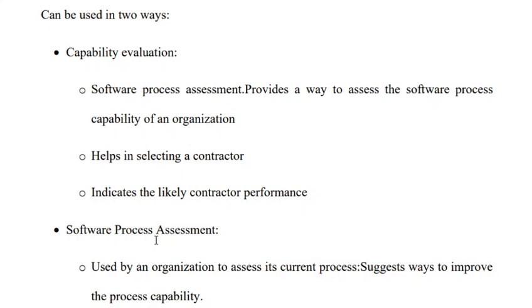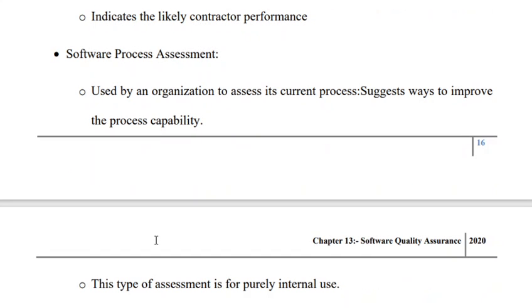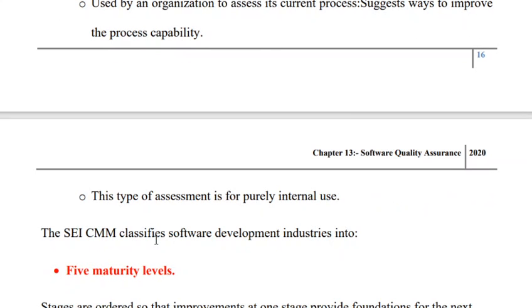It helps in determining the performance of the likely contractors. And software process assessment is used by the organizations that are developing software in order to assess their current processes and suggest possible ways to improve the process capability. So this is used for internal purposes.